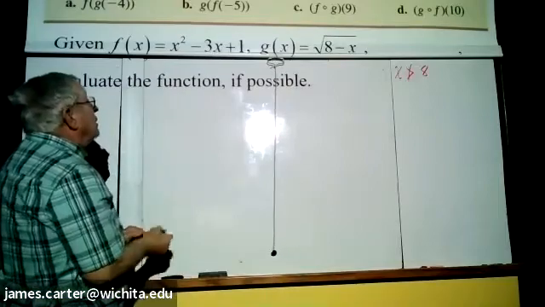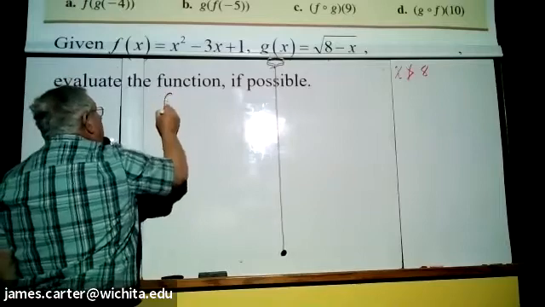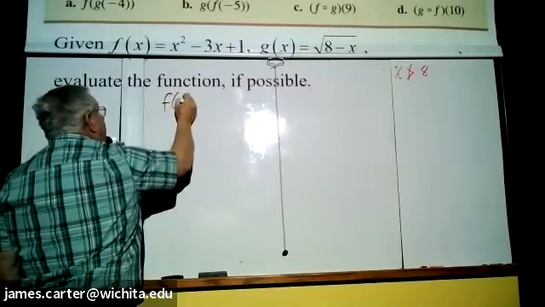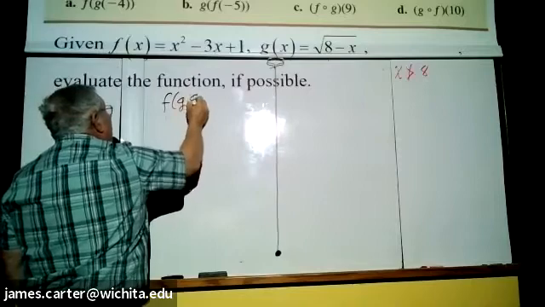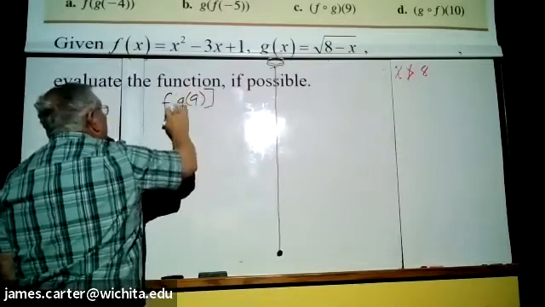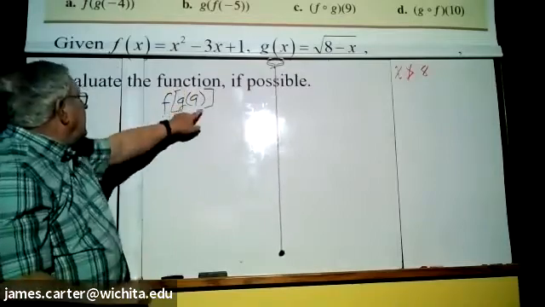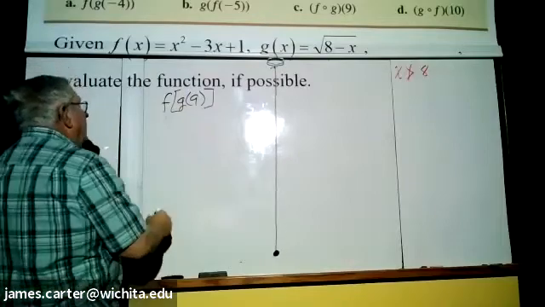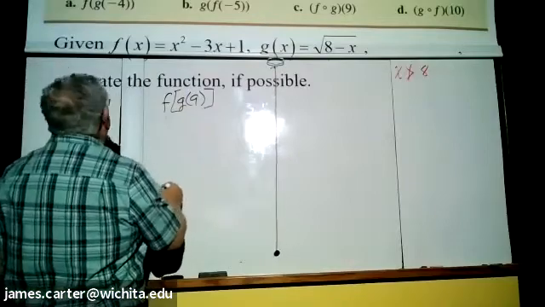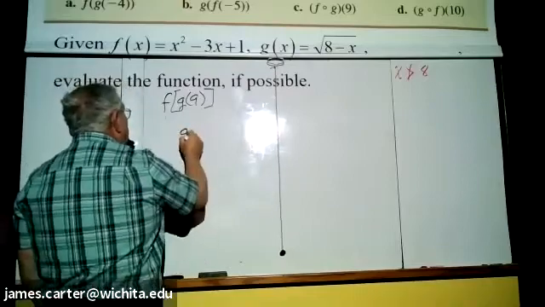Okay, now let's do F compose G of 9. This could be rewritten as F of G of 9. Like I said, I don't know if that makes any more sense to you or not. It doesn't matter. So we're going to take the G and put a 9 in there.